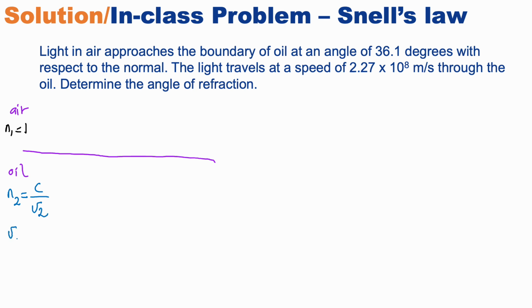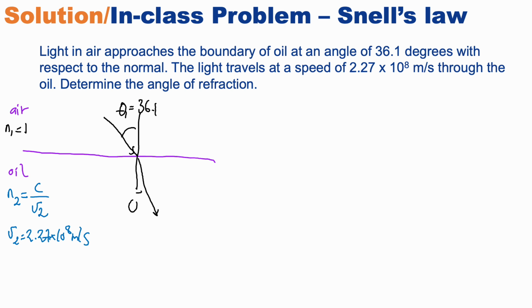And they told us that v2 is 2.27 multiplied by 10 to the power of 8. Alright, so let's define the normal of the surface. And now we know that we have an incident angle θ1 equal 36.1, and we want to estimate our θ2.